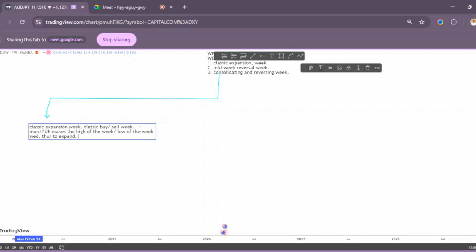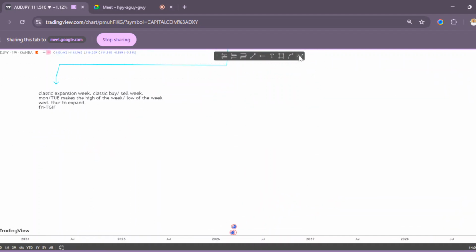And then on Friday, because the market is open 5 days a week, we have something that is called TGIF. This is just, thank God it's Friday. So if I was to map this out, if it is a classic buy week, here is Monday open, Monday and Tuesday, and then Wednesday, Thursday, price expands higher, and then on Friday we have a retracement, and then price closes at that point.